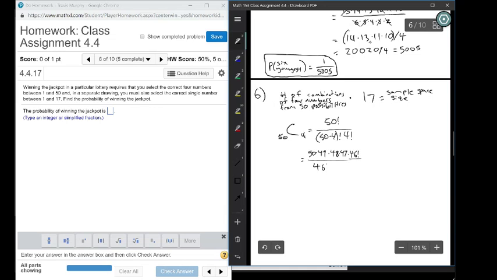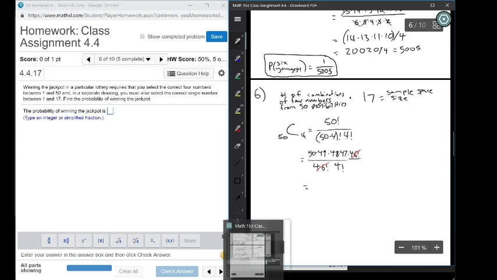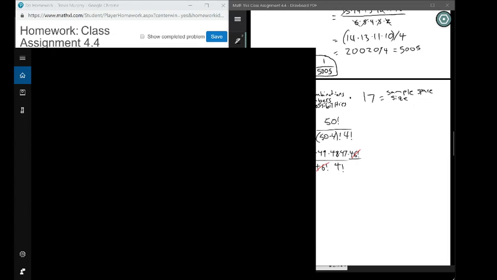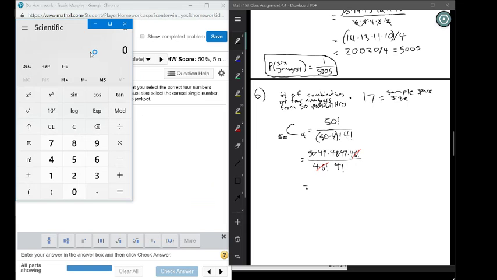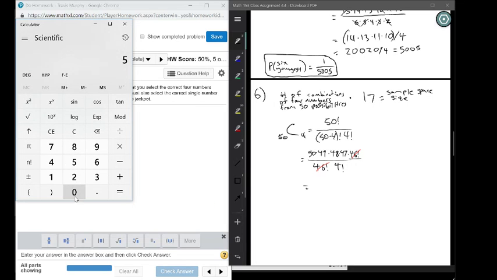So we have a 46 factorial down in the denominator times 4 factorial. So the 46 factorials cancel. And we have the calculator. 50 times 49 times 48 times 47.